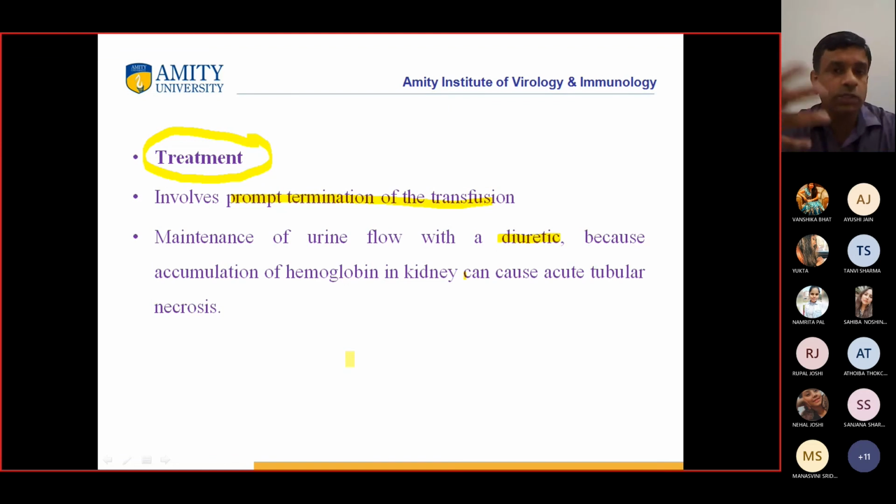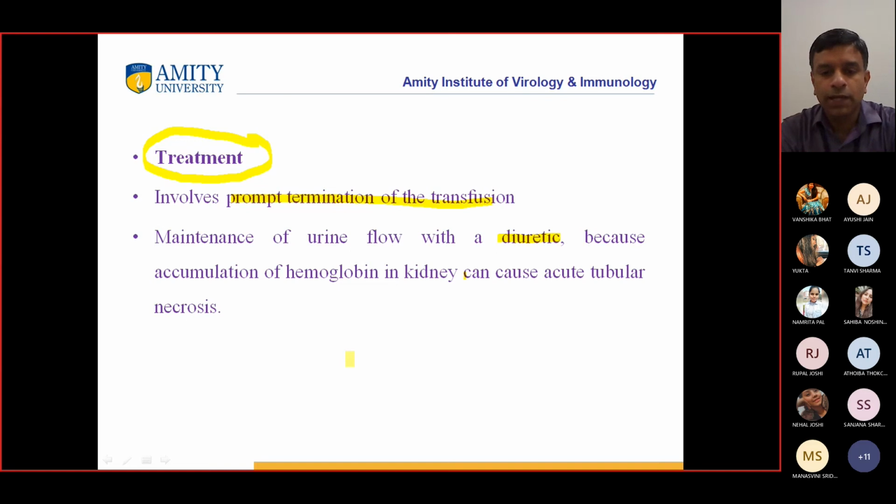If there is so much hemoglobin, everything will come to the kidneys, and the kidneys will not be able to filter that much load, and that can cause kidney failure, right? So we give diuretic, we give intravenous fluid. On one side you keep giving fluid, on the other side you give diuretic, so that the patient keeps passing urine and the kidneys keep getting cleared, right?